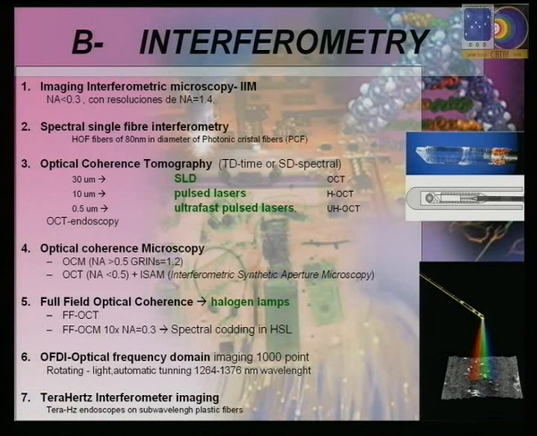Another type of images you can get are from interferometric technology that builds images. There are a lot of techniques of interferometry, including single fiber interferometry, in which they use photonic crystal fibers, optical coherence tomography, as we have seen, optical coherence microscopy, and full field optical coherence tomography.